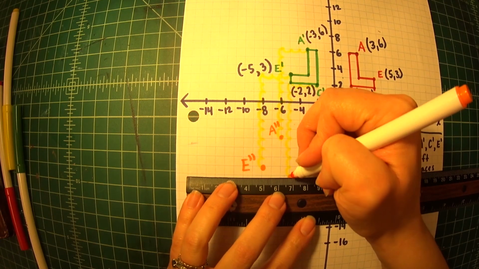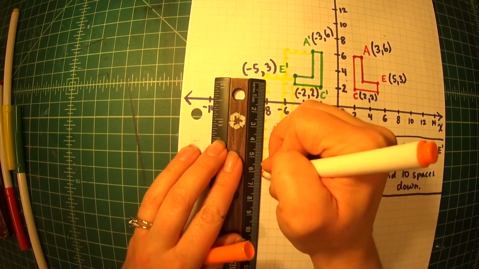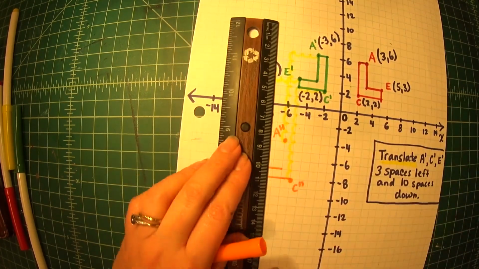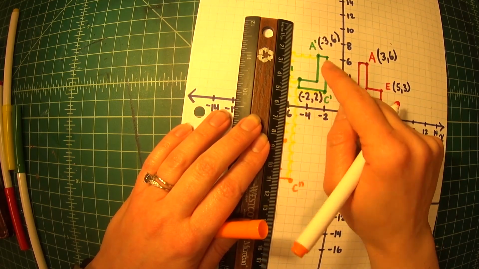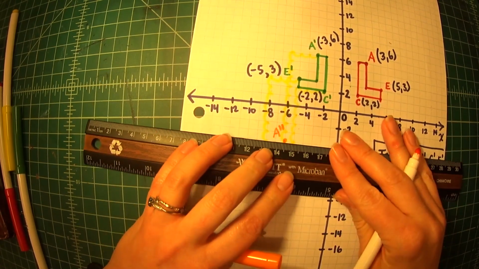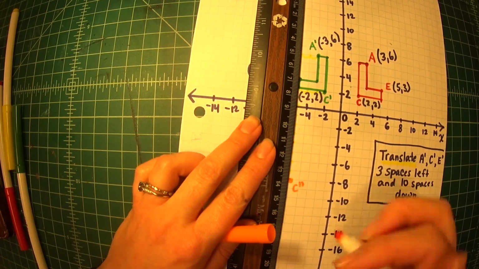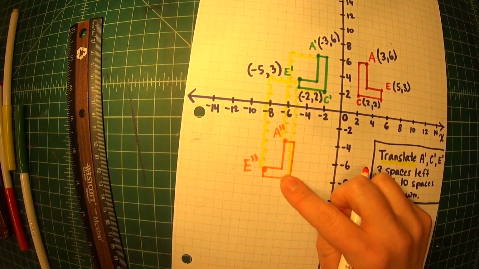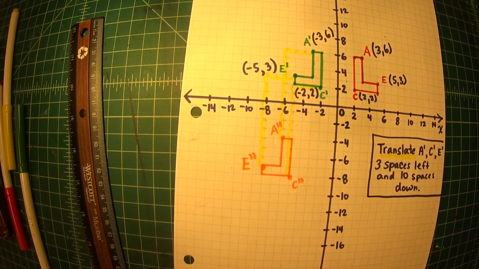So I can just connect this, drawing out the same backwards L. And of course, if you were having a hard time figuring out how to connect it, you could do a translation for every one of these points that you added to the grid, so that you would have more dots to connect, making it a little bit easier. So there it is, the identical backwards L, except moved 3 spaces left and 10 spaces down.